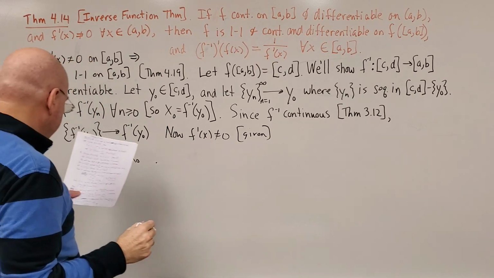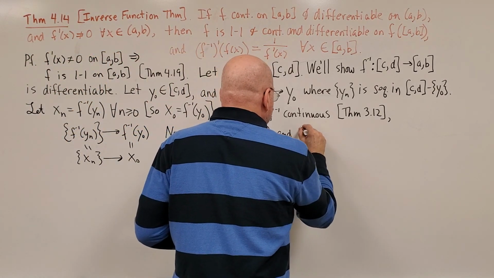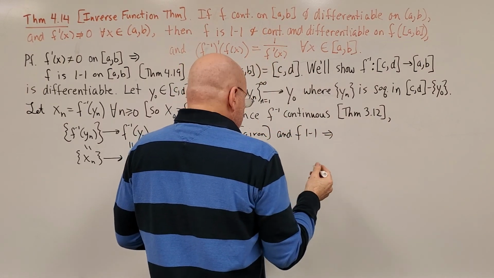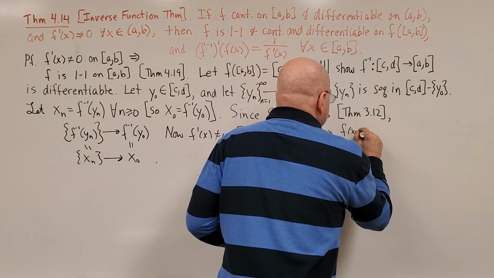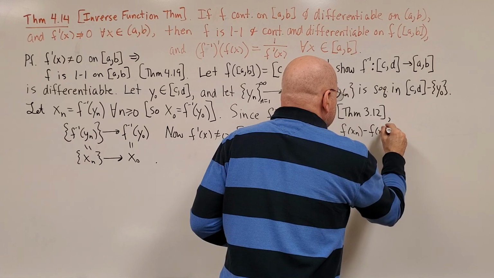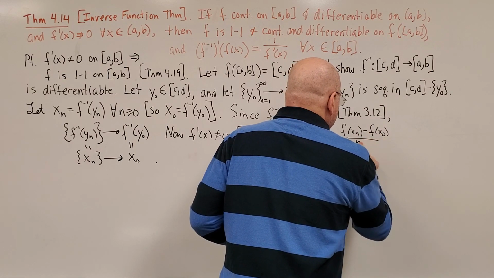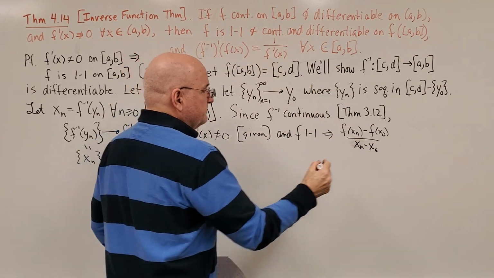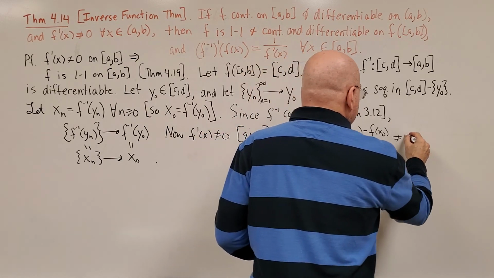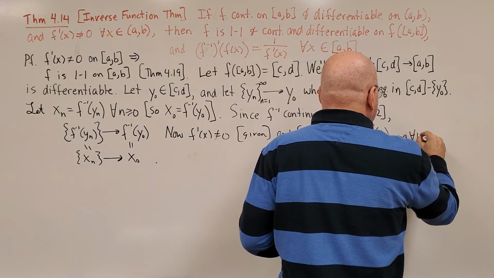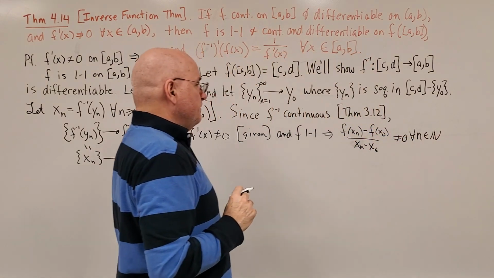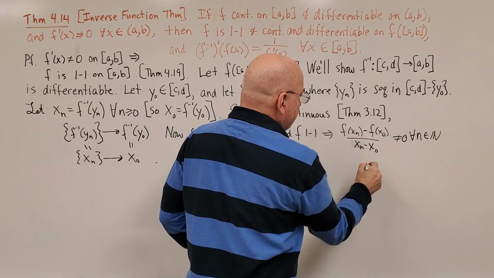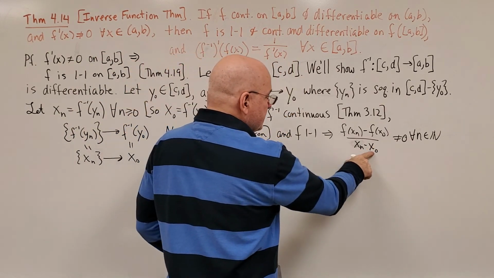And f one-to-one implies that (f of xn minus f of x0) over (xn minus x0) is never equal to 0. xn minus x0 is never 0 because the sequence xn was taken from numbers not equal to x0.